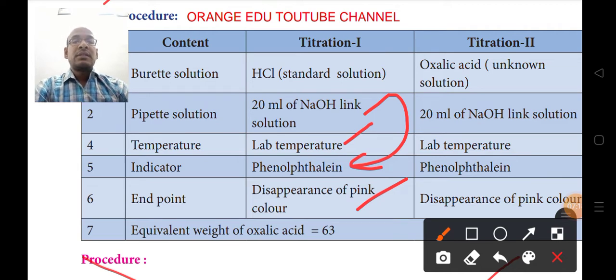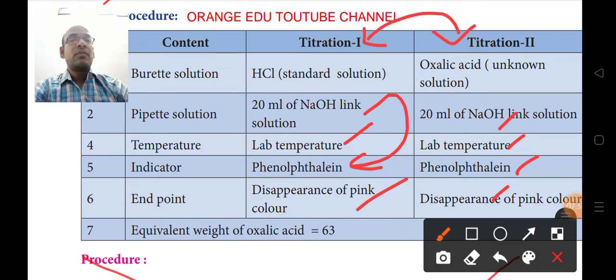Points number 2, 3, 4 and 5 are the same for titration 1 and titration 2.